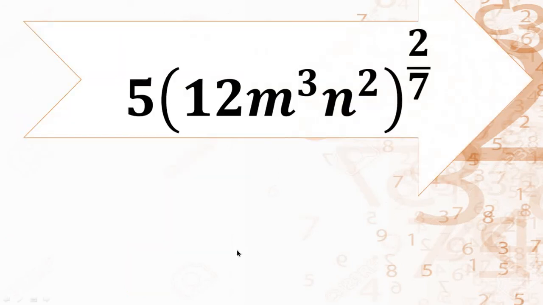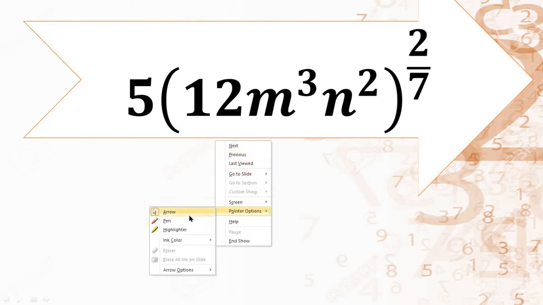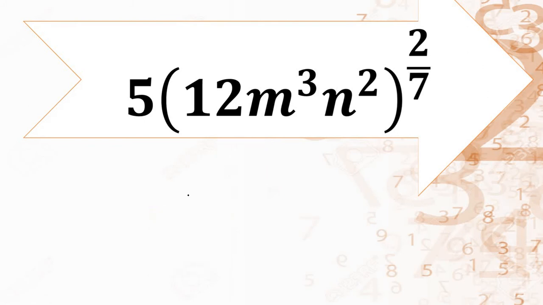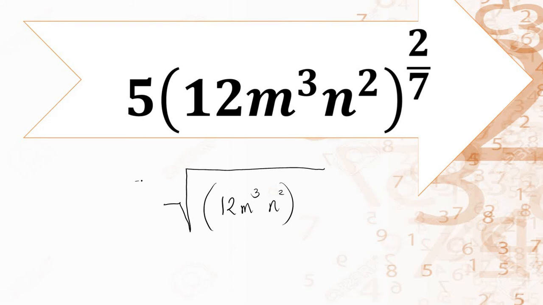Let's have another example: 5 times the quantity 12m cubed n squared raised to 2 over 7. Notice that only 12m cubed n squared is raised to 2 over 7, so only it goes inside the radical sign. Where does 5 go? Since it is not raised to the fractional exponent, it stays outside as a whole number.